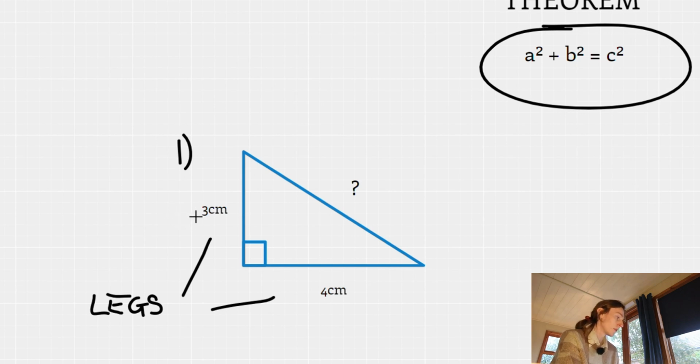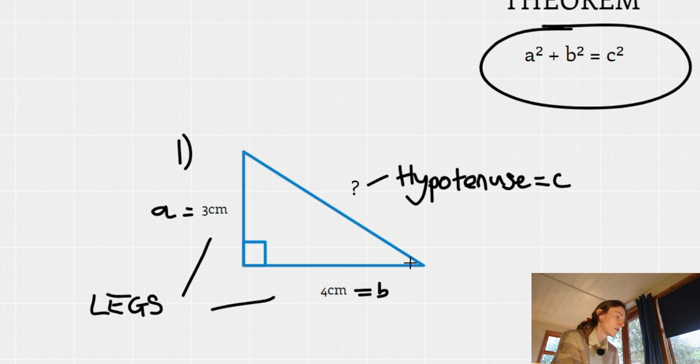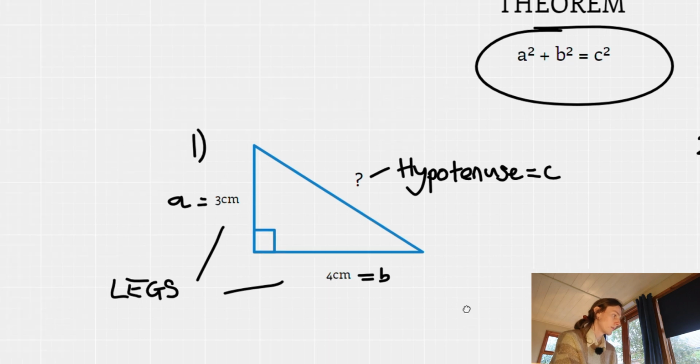So for this example, I'm going to put 3 centimeters equal to the letter A and 4 centimeters equal to the letter B. Now this last length, the one that is opposite the right angle, is called the hypotenuse, and it will always be equal to C. So now we have all of the lengths of this right-angled triangle defined to a letter, and we can fit that into the equation.